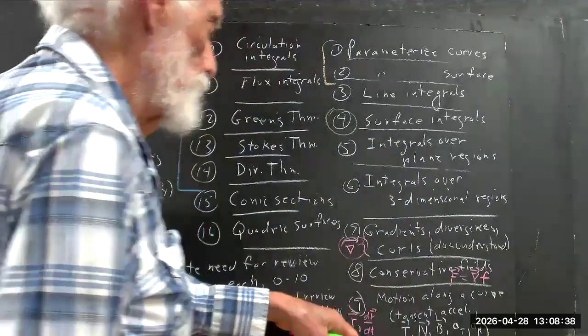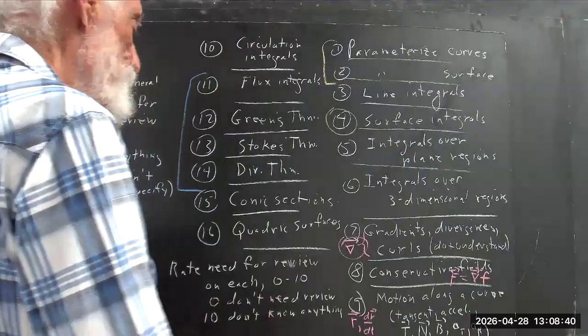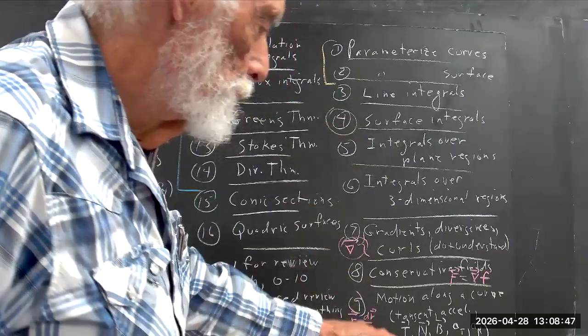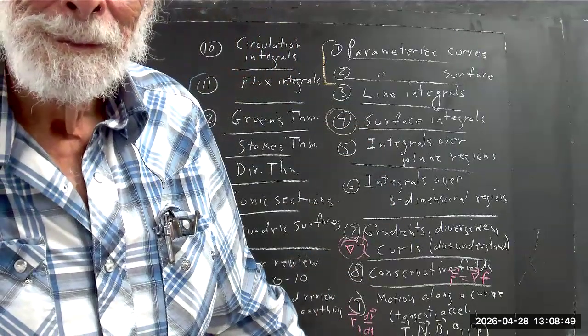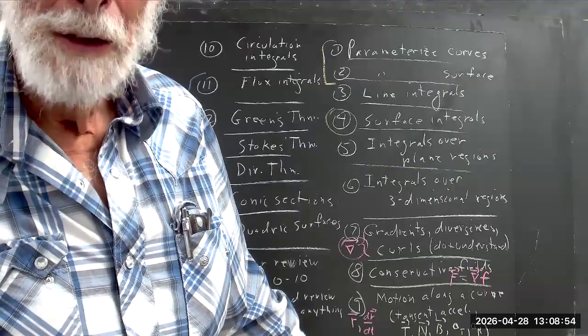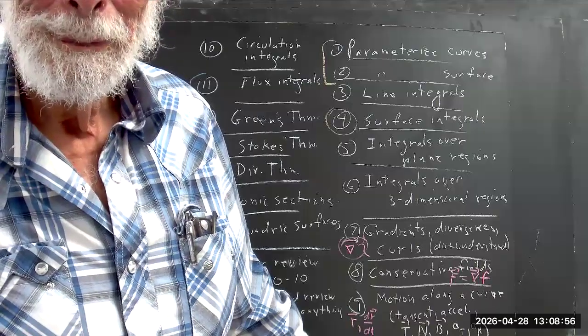Then you got your dr dt, which is your velocity. The dr dt divided by its magnitude gives you your unit tangent vector. Unit tangent vector is very handy. It gives you your direction of motion.